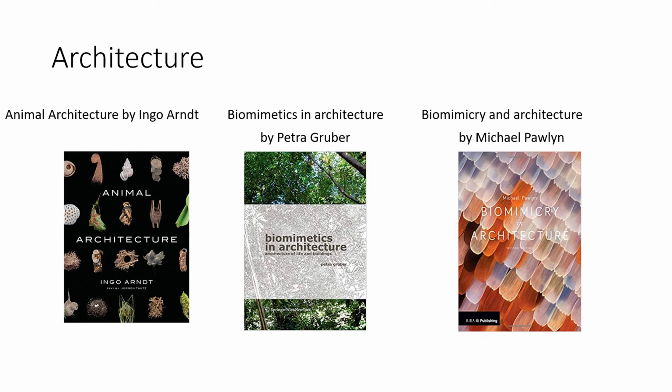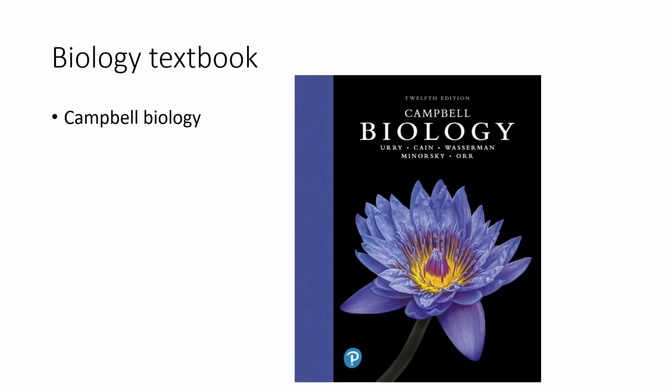If you are interested in architecture, then you can refer to any of these books: Animal Architecture by Ingo Arndt, Biomimetics in Architecture by Petra Gruber, or Biomimicry and Architecture by Michael Pawlyn. If you just want to go through a generalized biological textbook which has many figures and clear mechanisms, you can refer to Campbell's Biology, a very popular book.